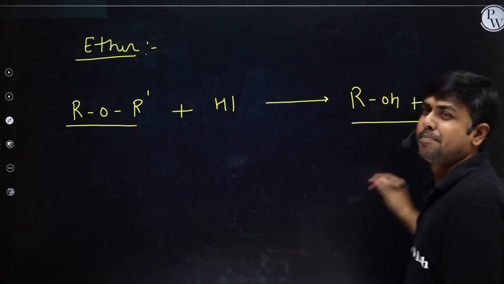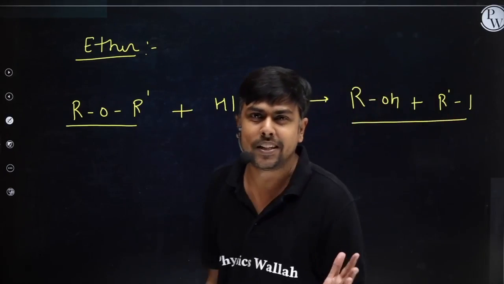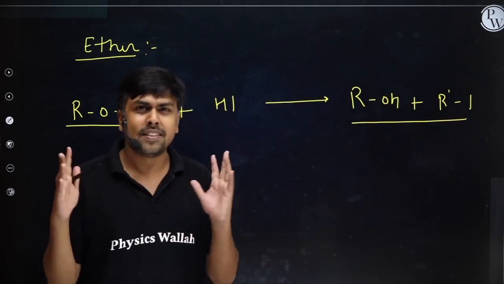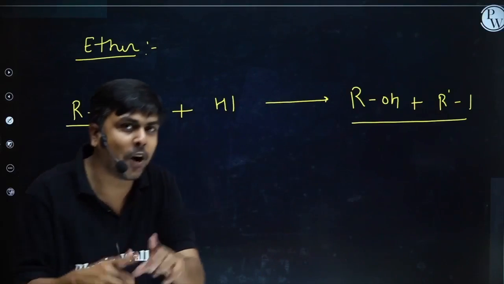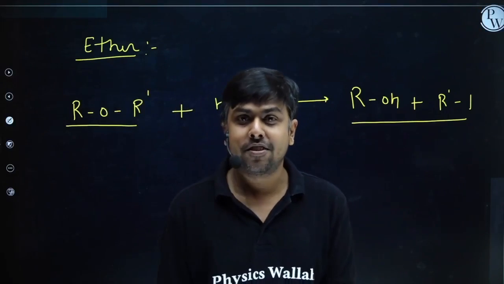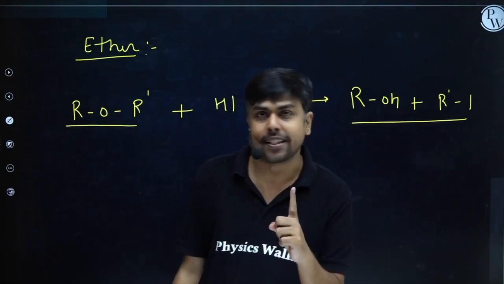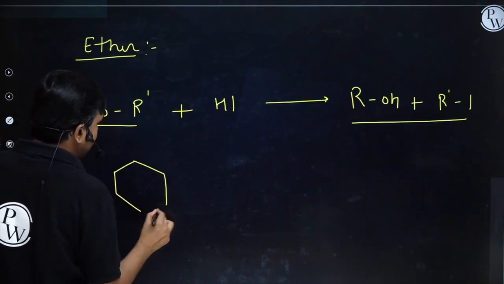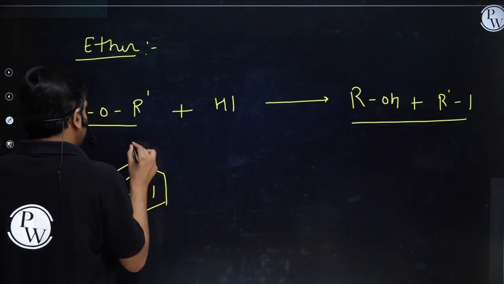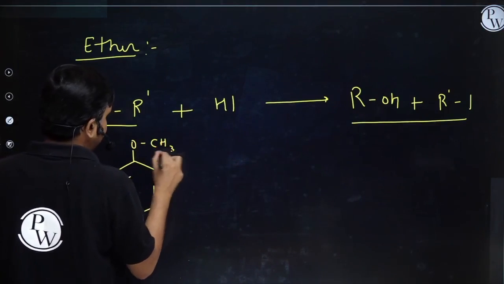We have studied the mechanism of this reaction earlier, so there is no need to discuss the same mechanism once again. Am I clear, student? If you have any doubt, please refer to the lecture of alcohol phenol ether. Let's take one example. I'm having anisole, PhOCH3. This is my unsymmetrical ether.